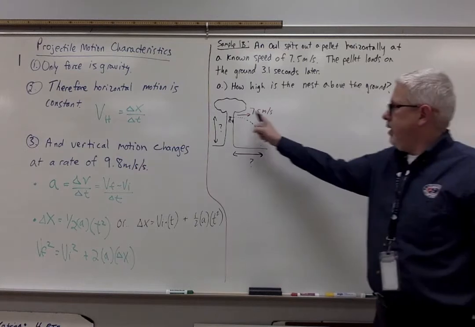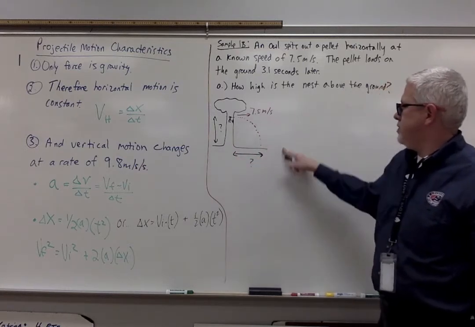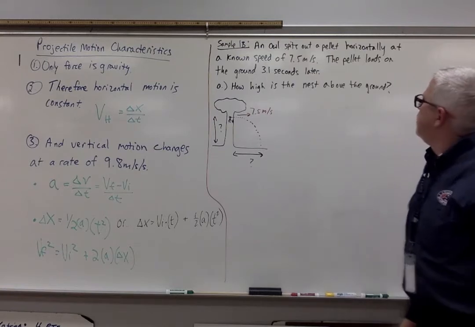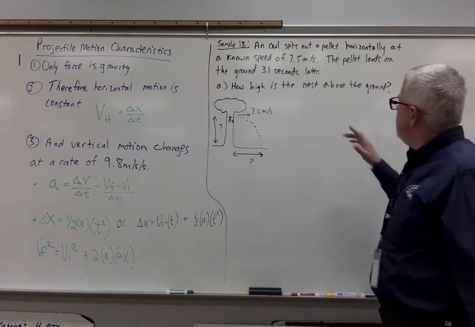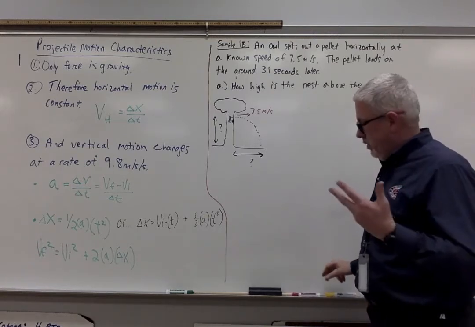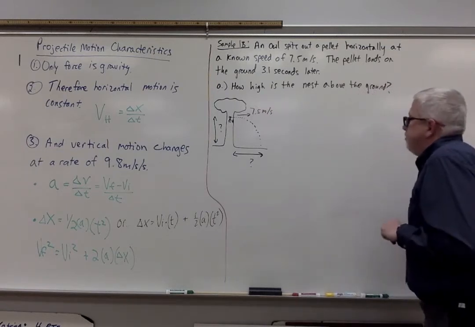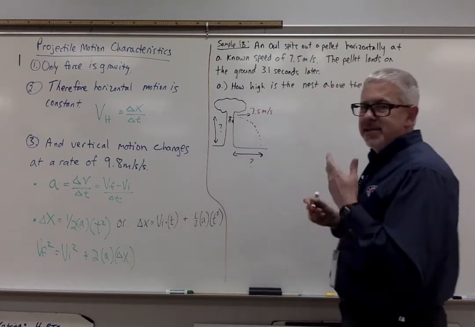Like normal, I'd like to draw a picture. So there's the owl spitting it out sideways 7.5 meters per second, and it lands on the ground 3.1 seconds later. So the first thing I'm going to need to do to find out how high the nest is, I need to think vertically. So to think vertically, I'm going to use one of these equations. So it has acceleration in it.